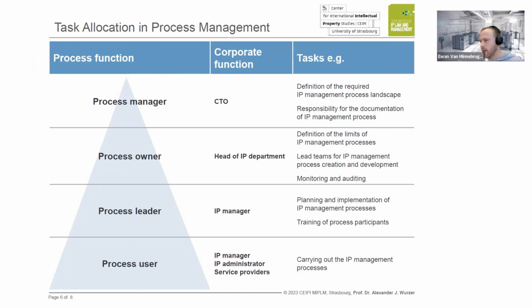These are already quite hands-on functions. Here we have to implement the process and make sure that there is adherence to the processes. And then finally, we have the process users, as already explained before. These would be the people who use the system, for example, IP administrators, service providers, but also the IP manager is making use of the system. And that's it for this slide.